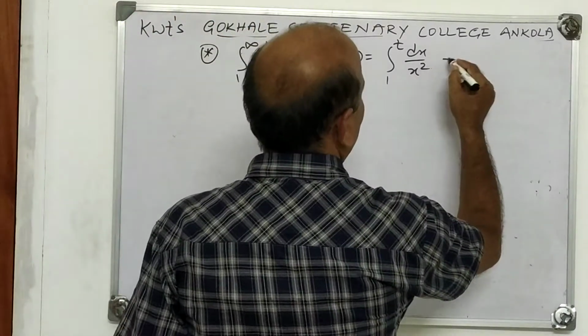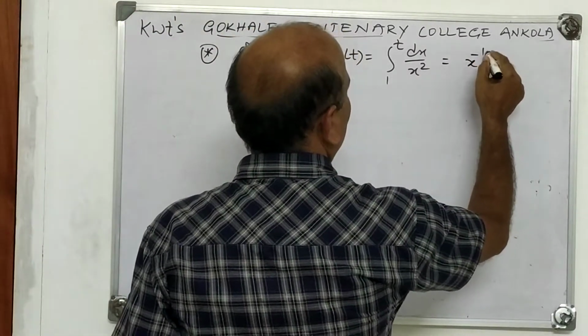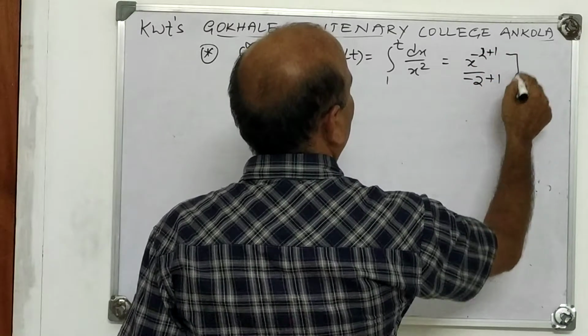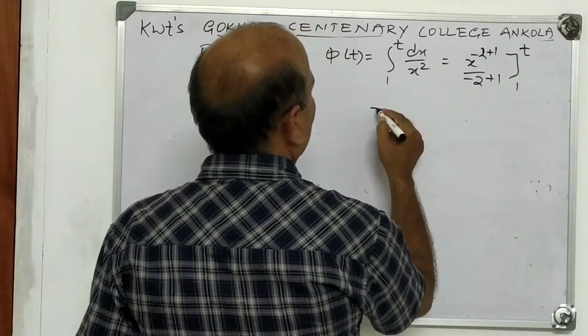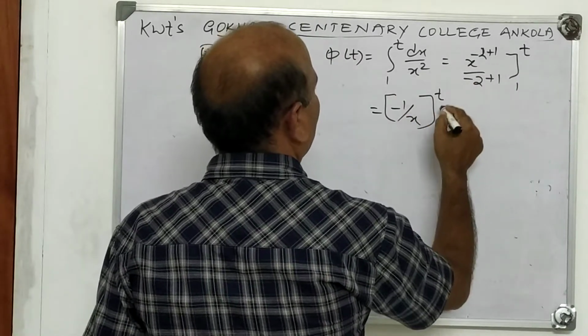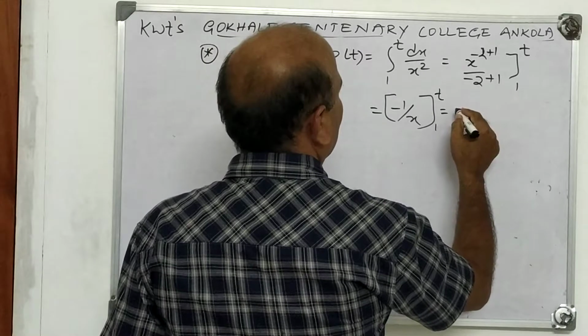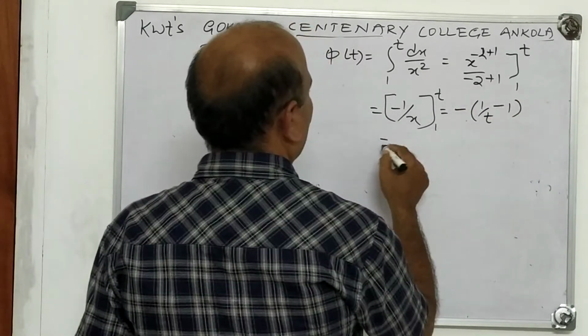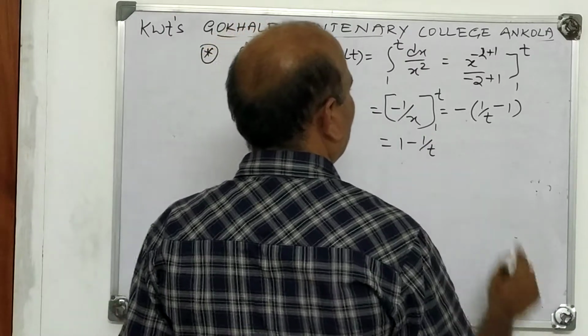Simple it is. It is x raised to minus 2 plus 1 upon minus 2 plus 1 from 1 to t. So minus 1 upon x from 1 to t, or it is minus of 1 upon t minus 1, or 1 minus 1 upon t.